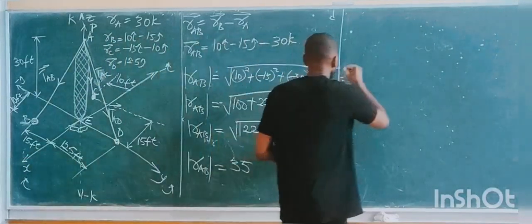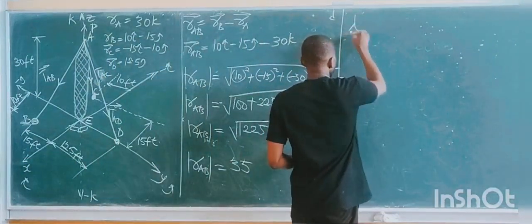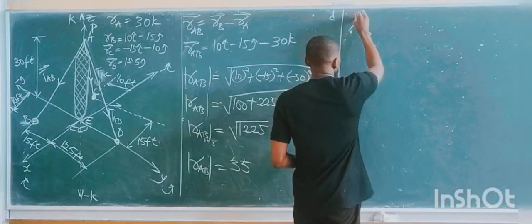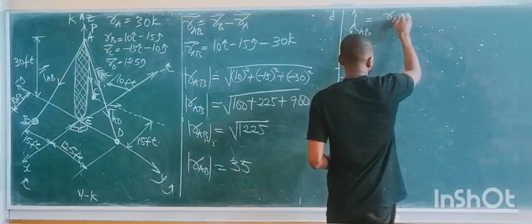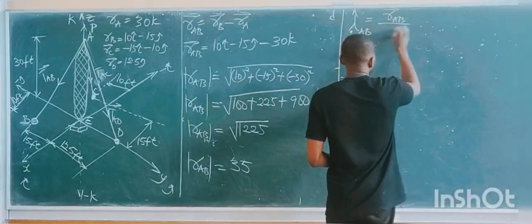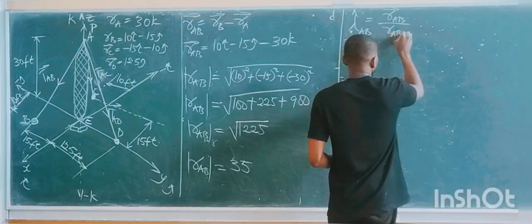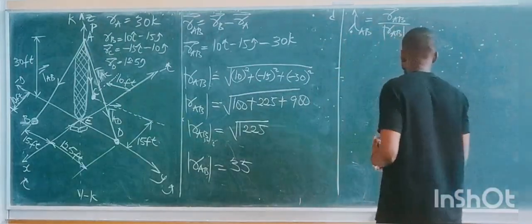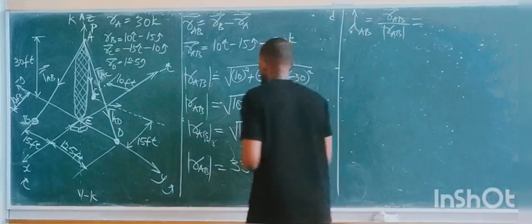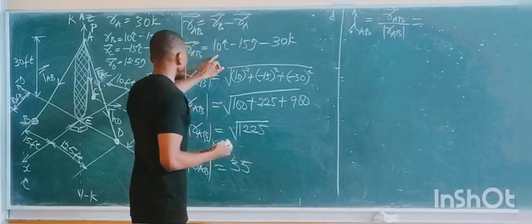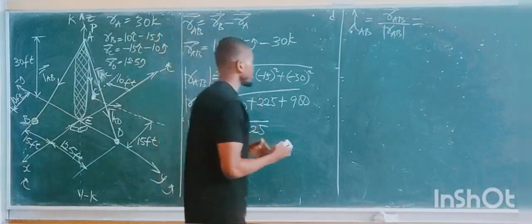Alright, so for the unit vector we use lambda. So lambda AB simply means the position vector of cable AB all over the magnitude of cable AB. Okay, this becomes the unit vector. So the position vector of cable AB, we've already found to be 10I minus 15J minus 30K.